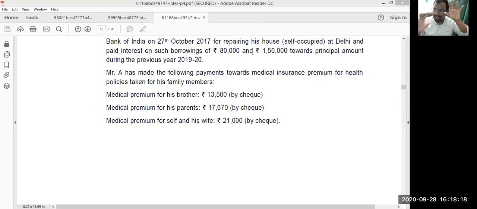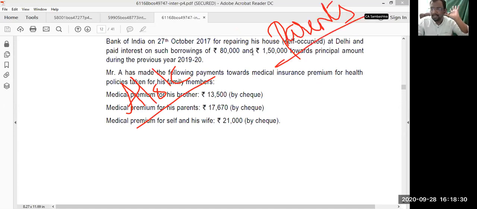Under section 80D, you are entitled to claim deduction only with respect to assessee, spouse, children, and parents. That's it. Brothers and sisters are not covered in the definition of family as per the provisions of section 80D. 80DD covers them, 80DDB covers them, but not 80D. 80D has only two categories.